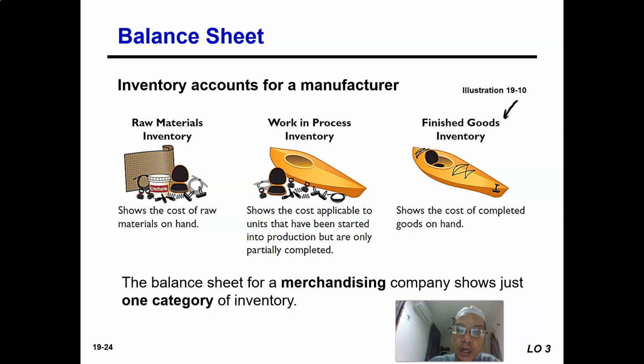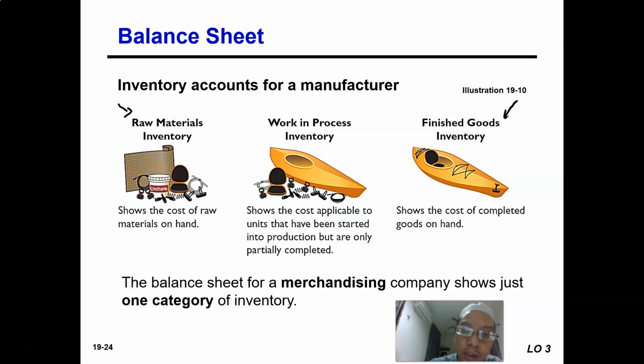They could be the beginning inventory of finished goods, or the ending inventory of finished goods. The second is the raw materials inventory, those items that we purchased from our suppliers in order to use in our manufacturing process. This is the direct material.